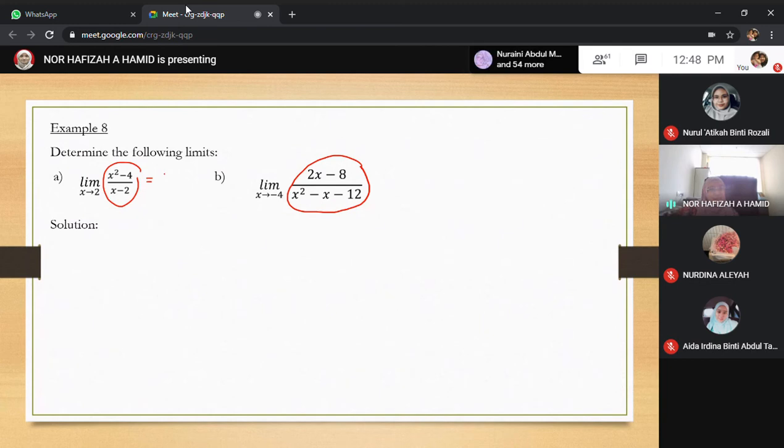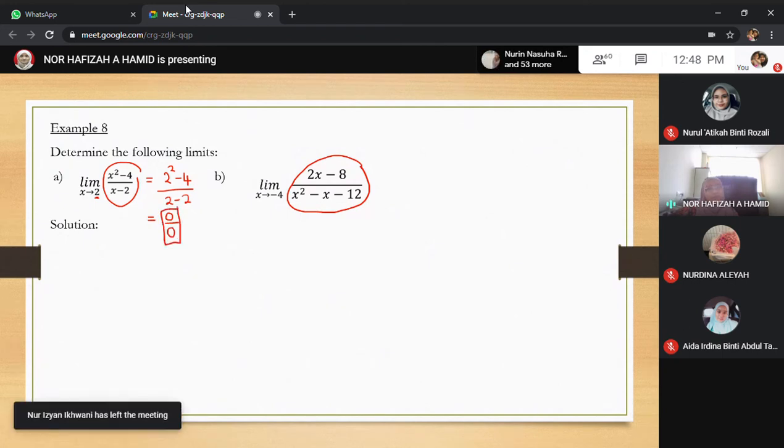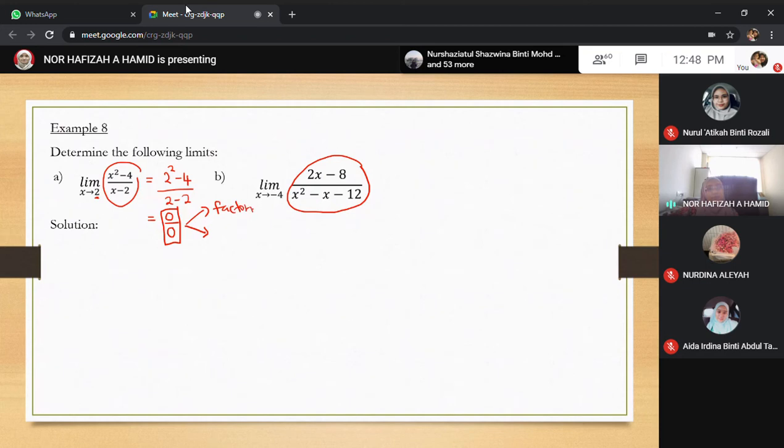Okay, tapi bila you substitute value, contoh saya substitute value dia, you ada 2 power 2 minus 4. Substitute x dia with 2. So you have 2 minus 2. So answers dia you ada 0 over 0. Okay. So kalau 0 over 0, then you need to solve using two methods. You kena choose lah. Method dia either you use factorization, or you use rationalization.